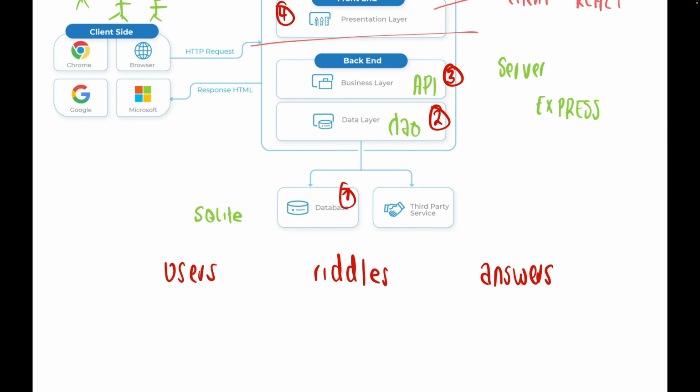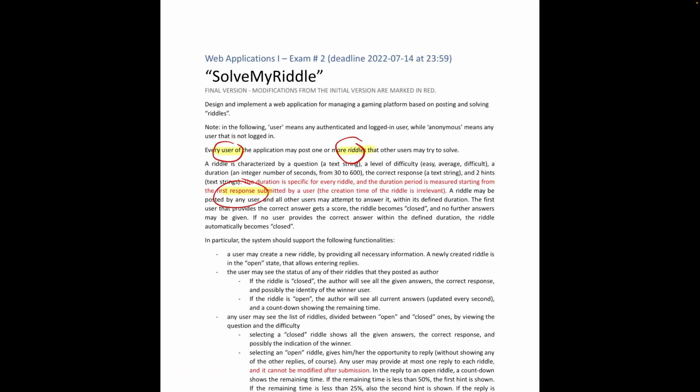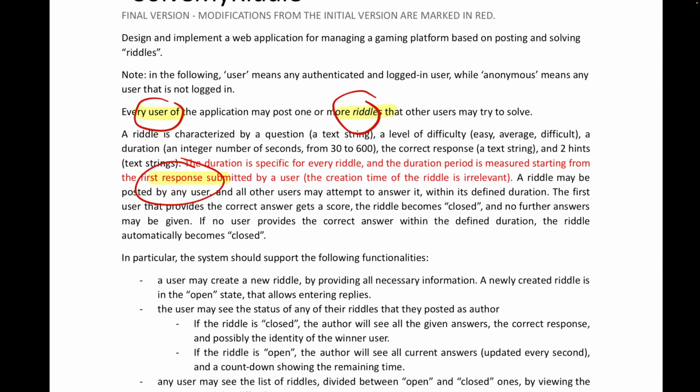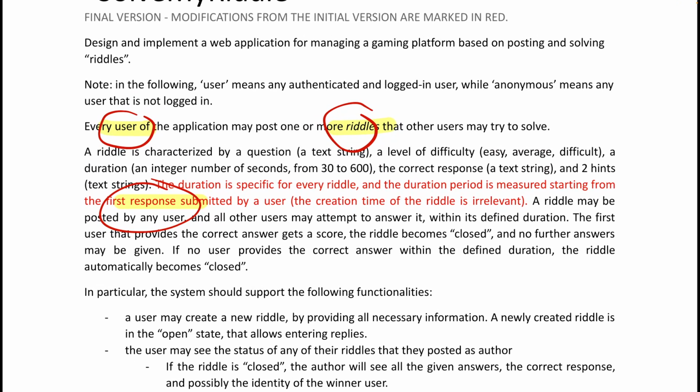When doing the tables, don't forget that the name of the table usually goes in plural. So users, riddles, and answers. Which information do we have to represent? The easiest one maybe is the riddle, because we have explicitly here what information characterizes a riddle. So here we have the question.